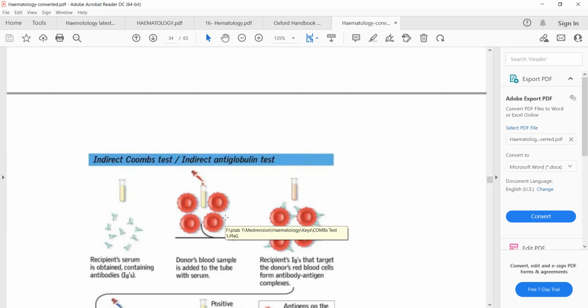So the first use of the indirect Coombs test is in cross matching for blood transfusion, and the second is to detect anti-D antibodies that are usually IgG, can cross the placenta, enter the fetal circulation and cause hemolysis. So in this scenario, we will also do an indirect Coombs test to detect antibodies in the mother's serum.